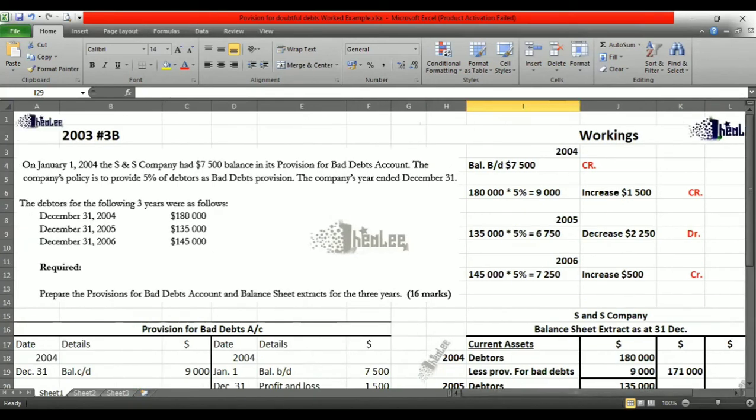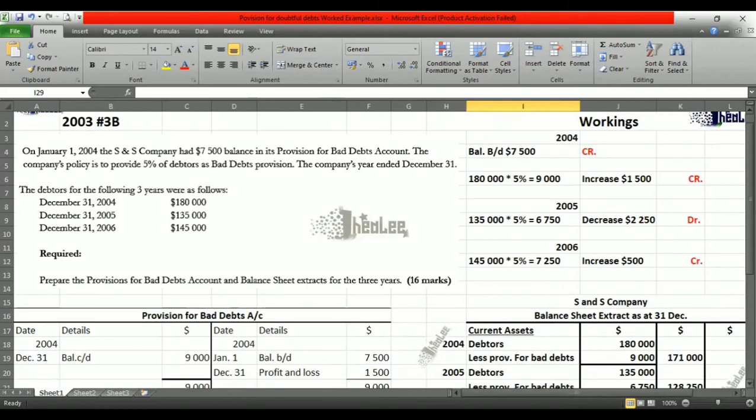While doing your workings, you determine whether there is an increase or decrease, and indicate whether you're going to debit or credit your provisions account. If there is an increase, the increased value is credited to your provisions account, while your profit and loss account is debited, because this item will be charged against your expenses.